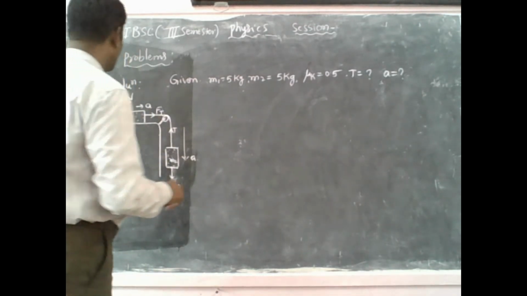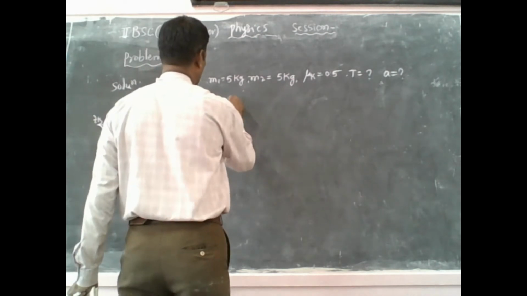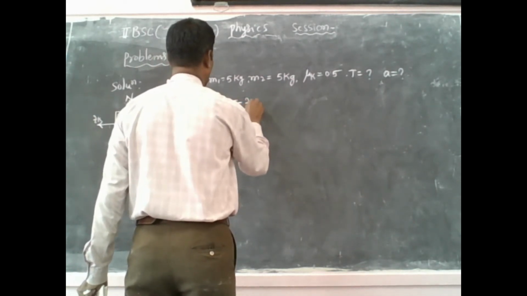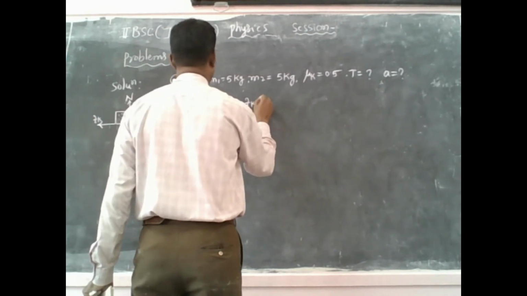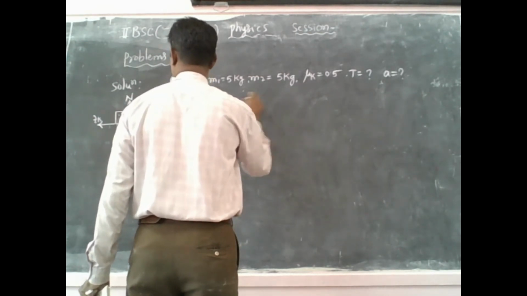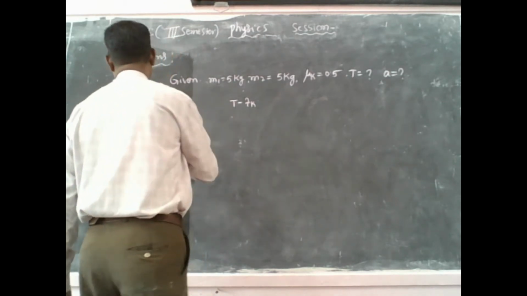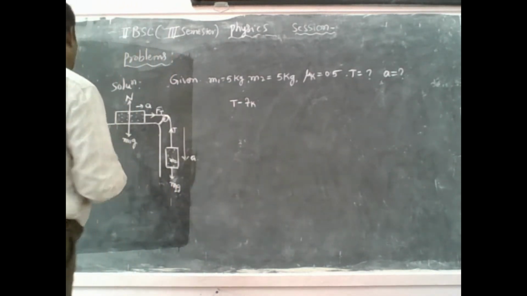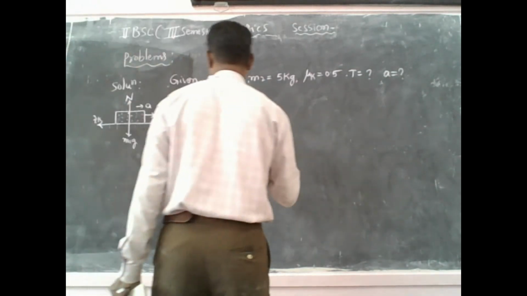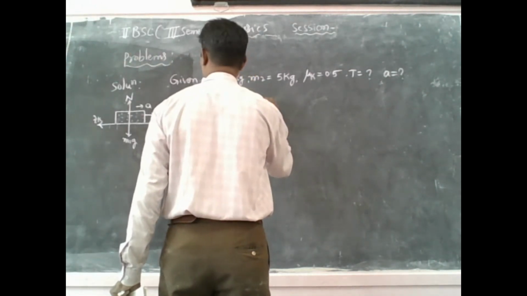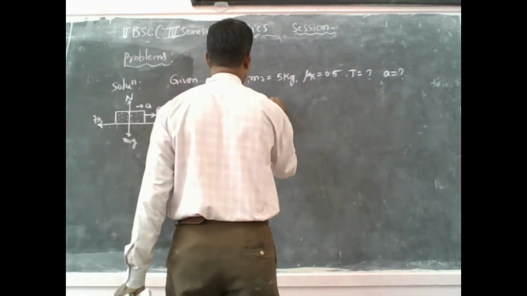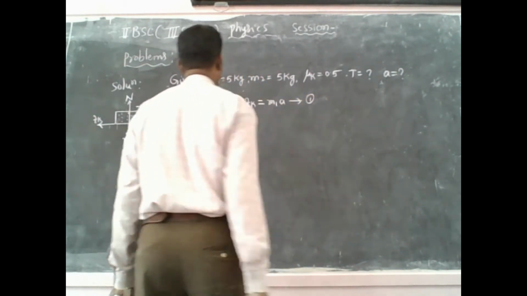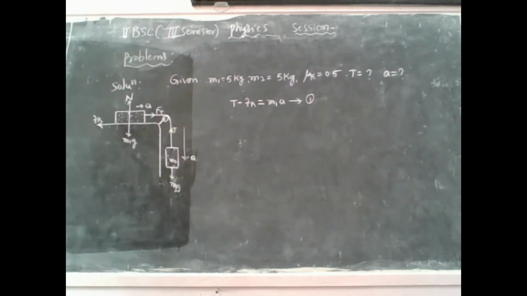So now, T minus Fk. T is in the positive direction, that's why I have taken T positive, and Fk is in the negative direction, isn't it? So T minus Fk equals M1A. Equation number 1, isn't it?